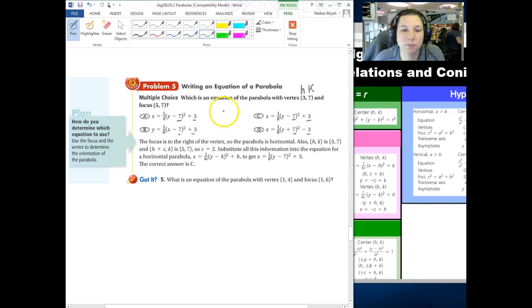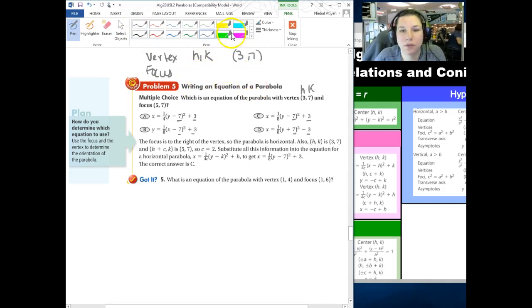All right, we need to pause first and figure out if it's vertical or horizontal. So let's do that. Our vertex is (h, k). We have to keep these labeled clearly: (3, 7).